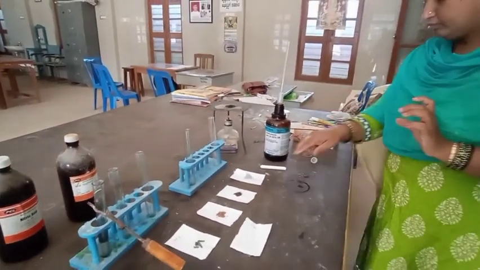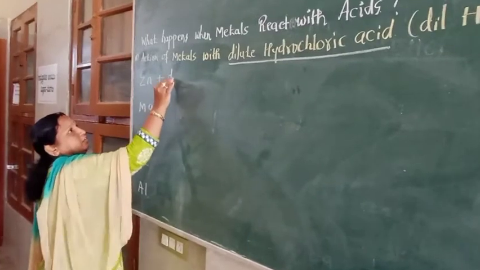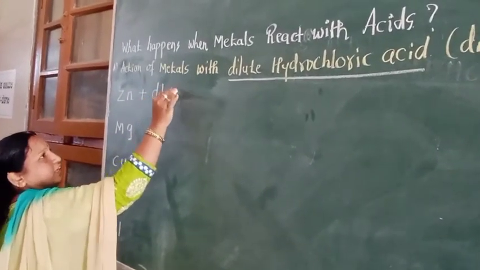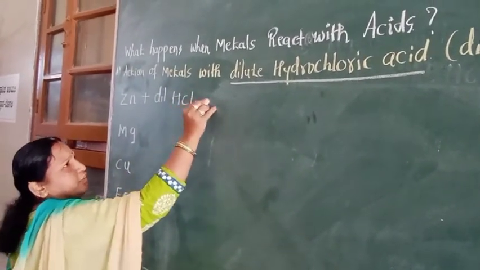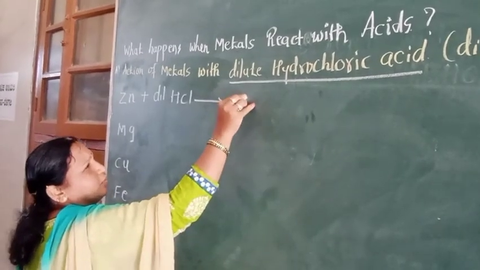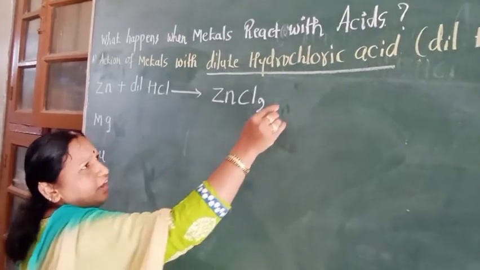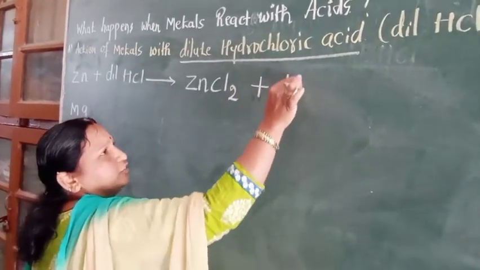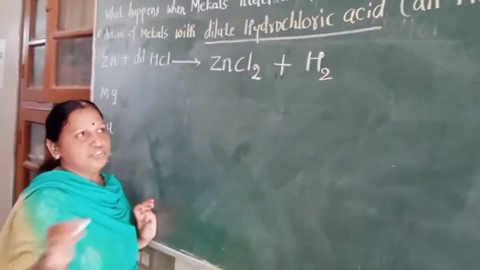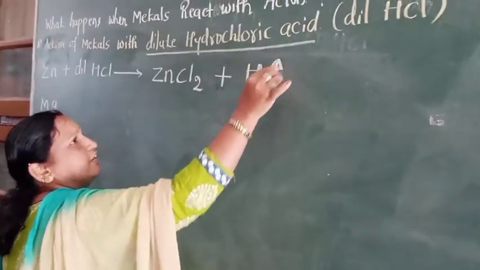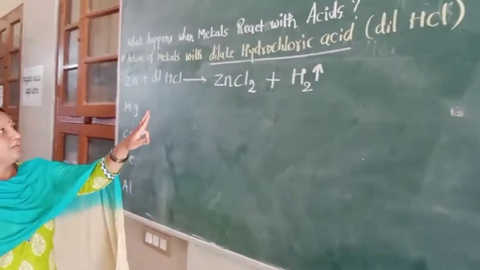The zinc metal reacts with dilute hydrochloric acid. The product here is zinc chloride, ZnCl2, and we have hydrogen gas. The pop sound is due to the release of hydrogen gas. Now let us balance this.